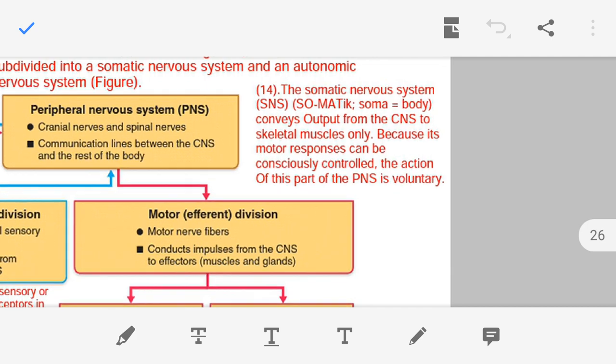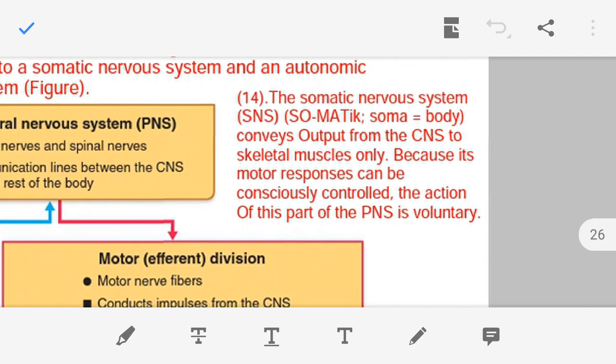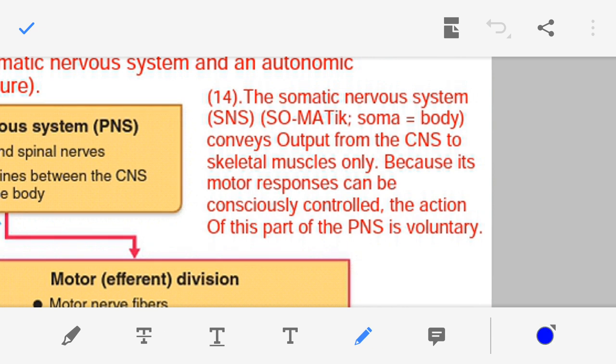Okay, so the somatic nervous system, soma means body. As I have explained, the somatic nervous system passes information in the form of nerve impulses from the CNS to the skeletal muscle. And we know the movement of skeletal muscle is under our voluntary control.